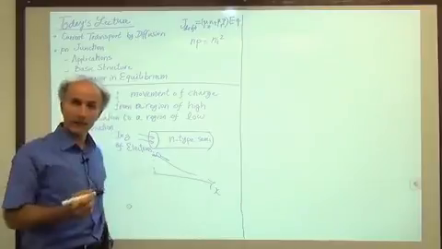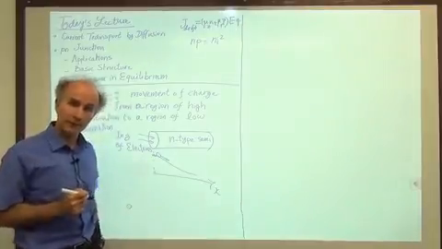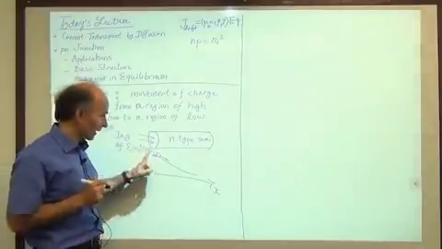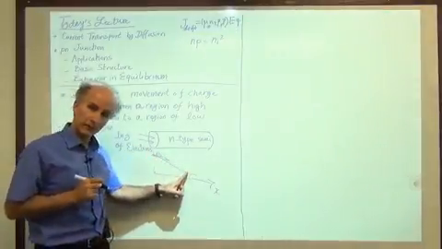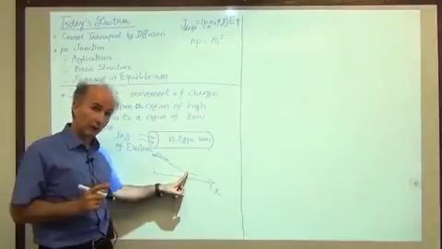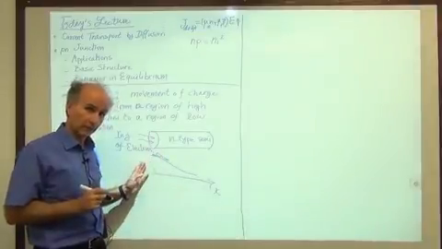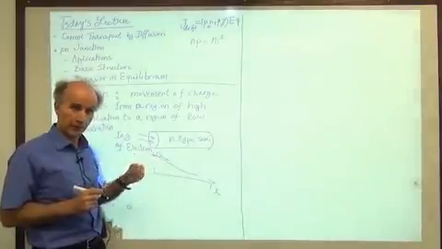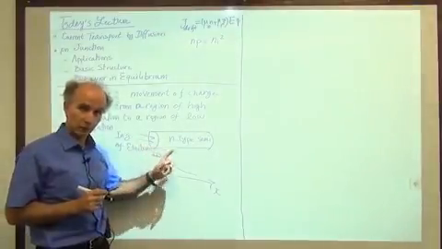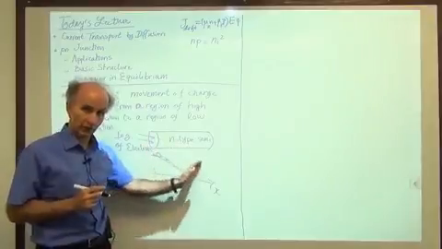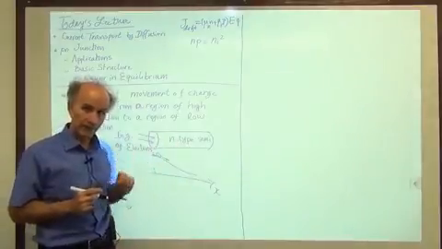And a similar effect can occur with holes. Just keep in mind that if electrons are going from left to right, the conventional current, which is positive, is going from right to left. For holes, that's fine. If holes go from left to right, then the conventional current also goes from left to right. So these two must be distinguished.